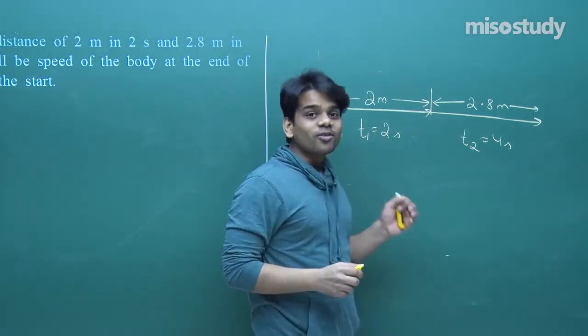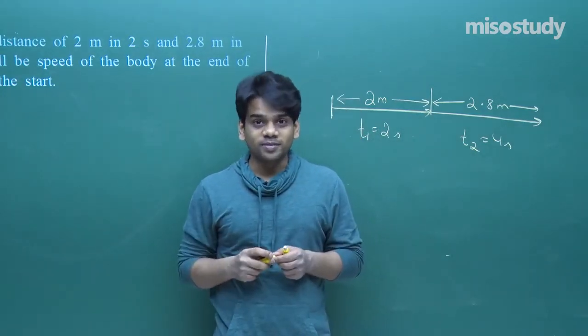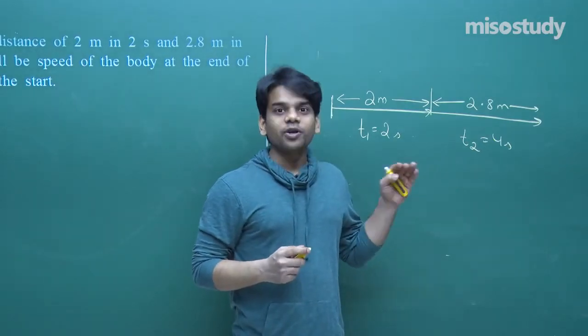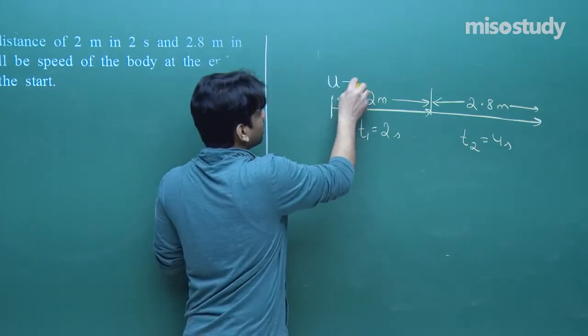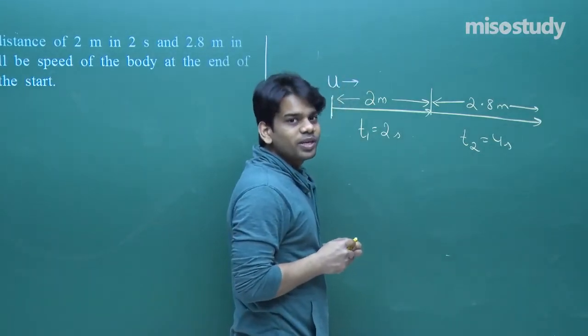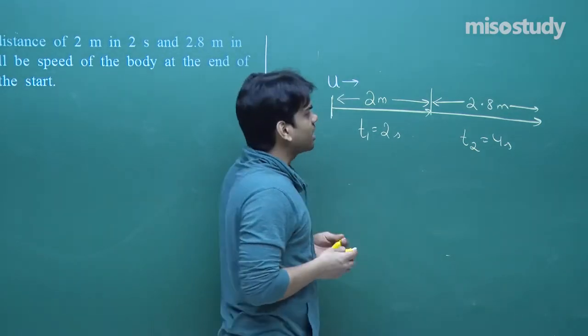It says that after the end of 10th second, that is after 10 seconds, what will be its speed? We are not provided with acceleration or retardation. We are not provided with initial speed. Let's say the body starts with initial speed u, and let's try to find out what will be its acceleration or retardation.